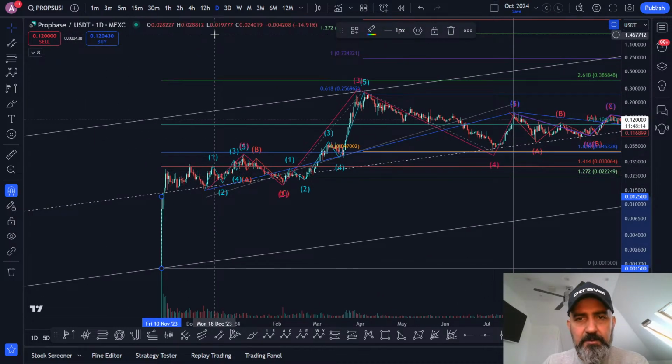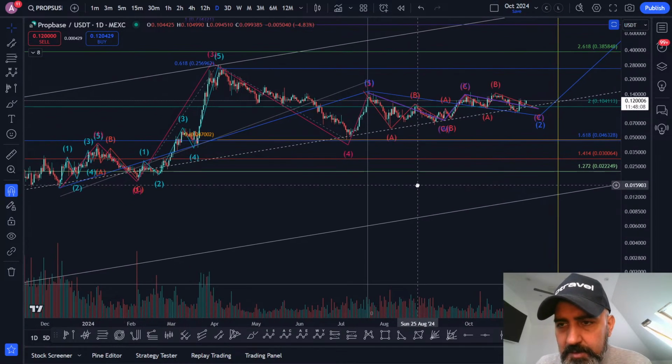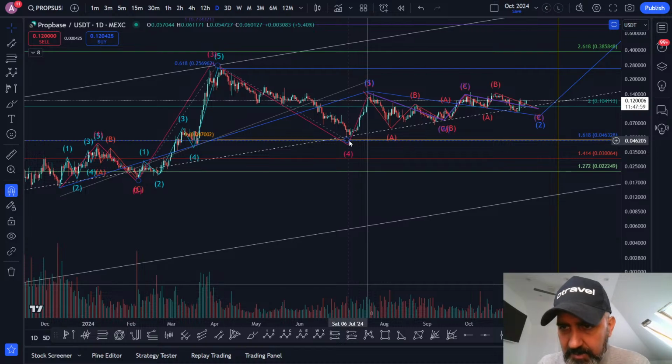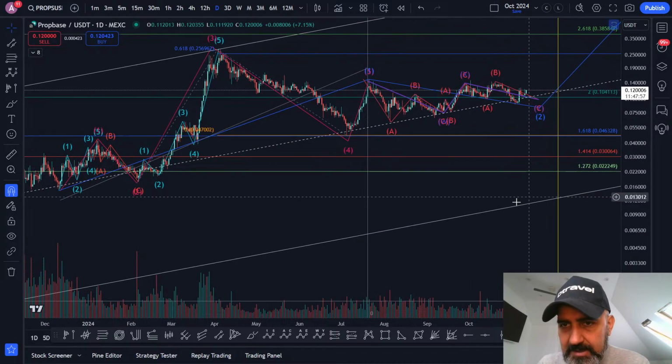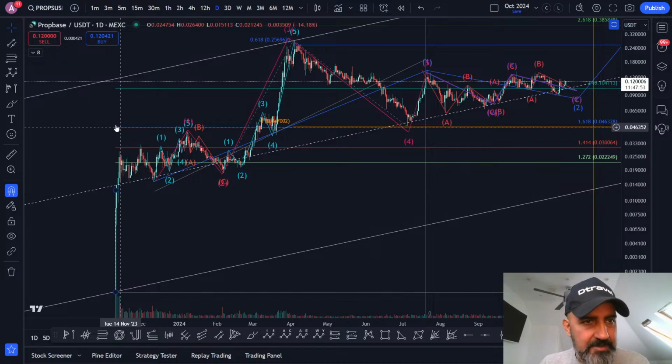Not fond of that. Nothing. Well, I like this 1.618 here. Actually lines up nicely with this level here. That's nice. There's a little bit of an alignment on these ratios. That's just on the first candle.